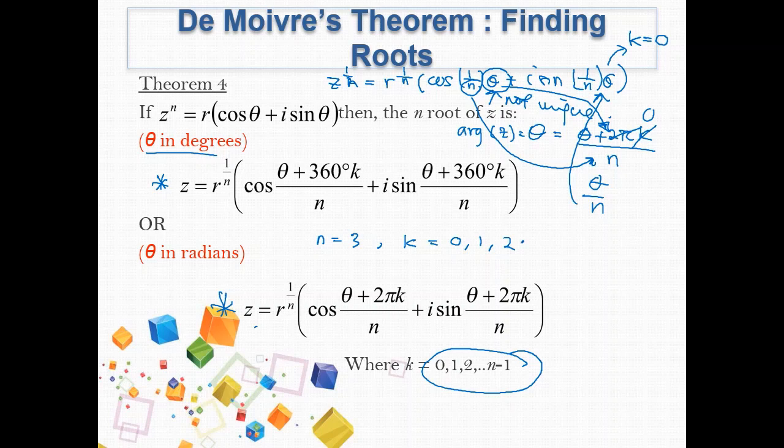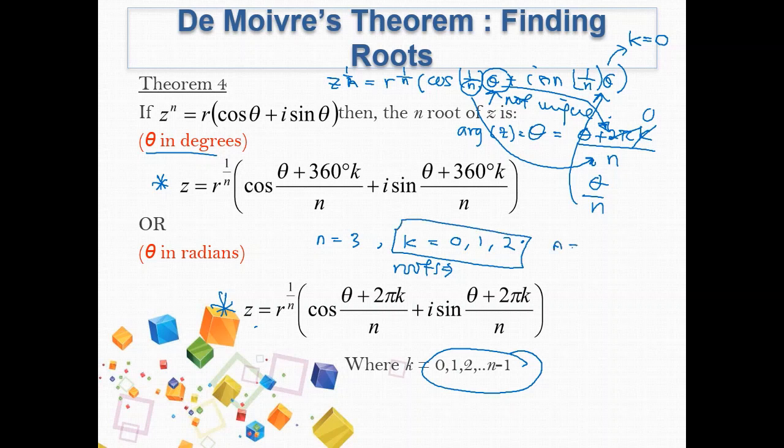So, stop here. It means here, your roots, there are 3: 1 for 0, 1 for 1, 1 for 2. So you will have 3 roots.